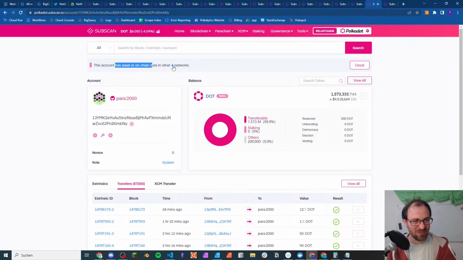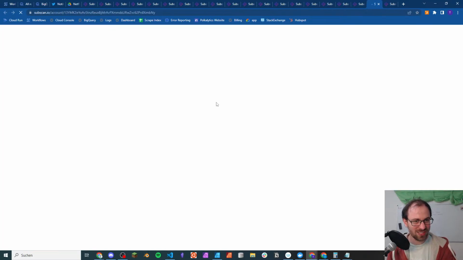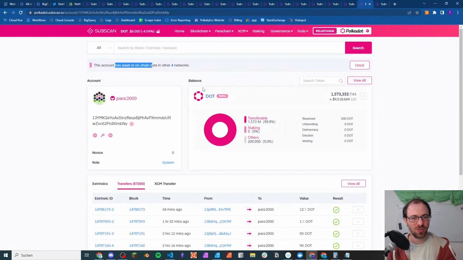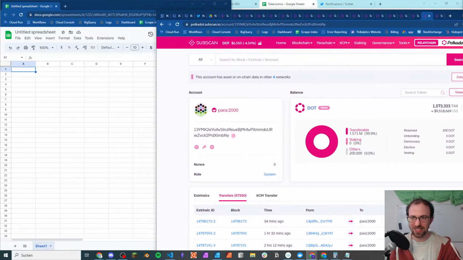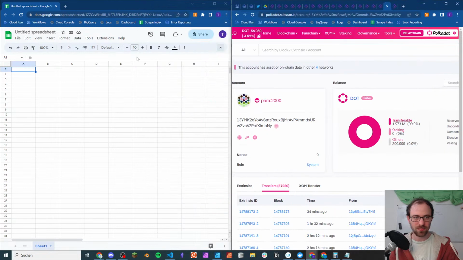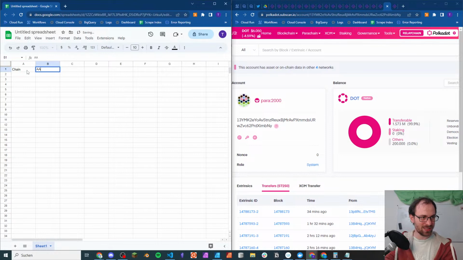One interesting thing here is this sovereign account is active on multiple networks. Oh yeah, of course, because there might be channels to different networks. Okay, not so relevant. So what I'm going to do is note down all the accounts that are associated as sovereign accounts. This is the chain, and this is the address.